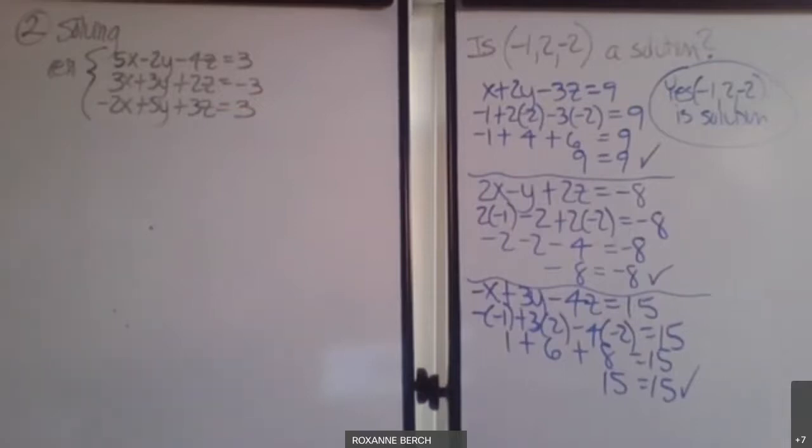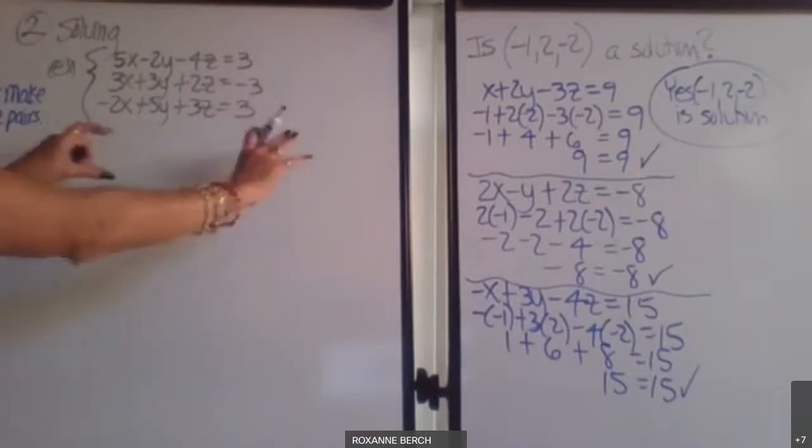And so let me just tell you what you're trying to do. You're trying to make two pairs, which means you're going to have to reuse one of these. And in addition to that, you're trying to eliminate the same variable in both pairs.